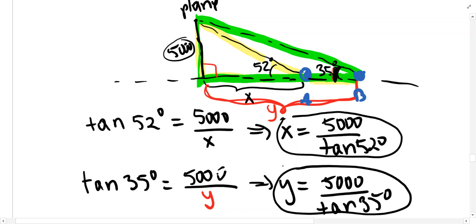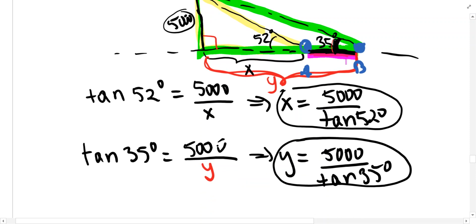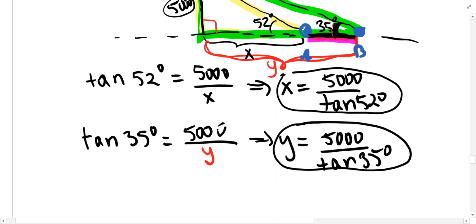So can I find the distance between A and B now? If I know that this distance y is this and this distance x is that, how can I find this? So I'm interested in this distance. Well, this whole distance is y minus x, right? If I subtract x from y, I get exactly the distance between the two cars.